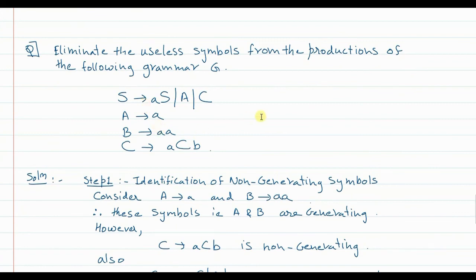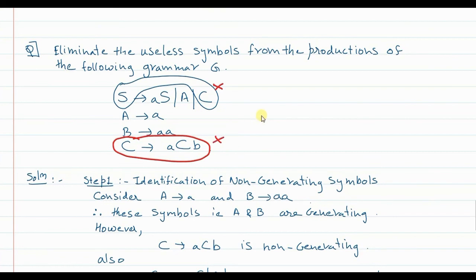So which are the productions that you are going to remove from here? First, S gives capital C. This production you are going to remove, because capital C is there on the right hand side. And second, this production also you are going to remove, because both these productions have capital C on the right hand side.